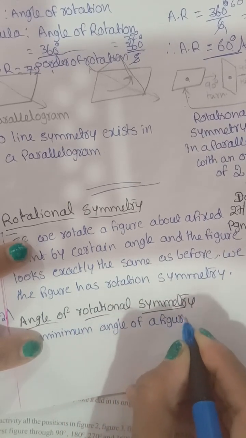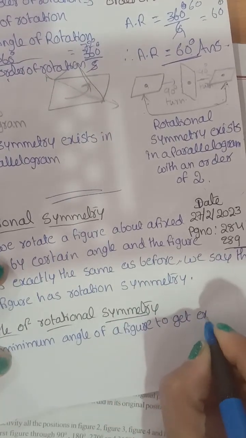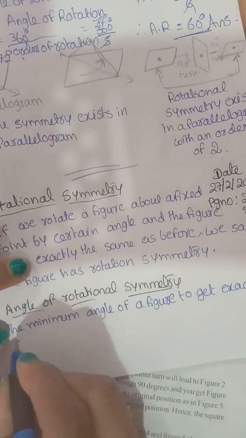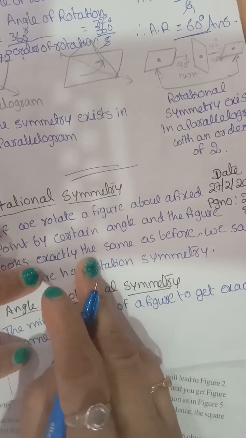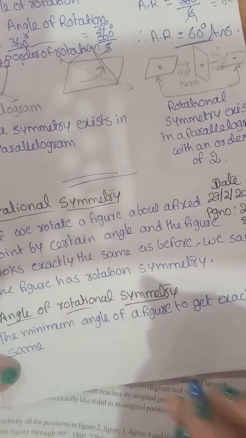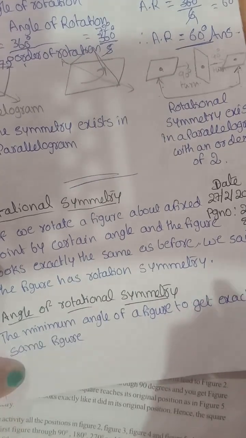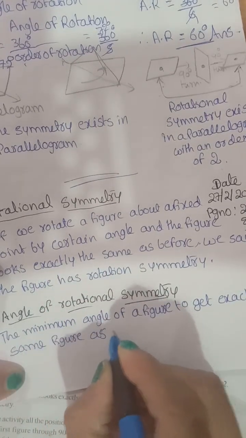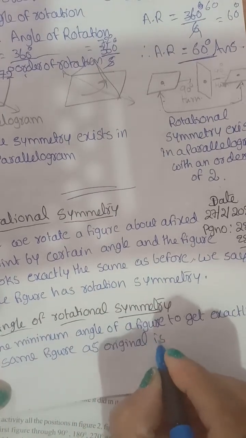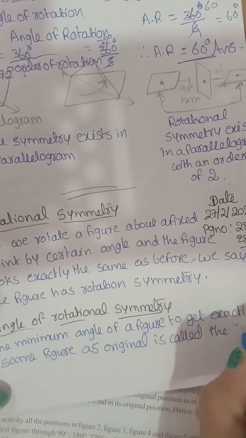The minimum angle of a figure to get exactly the same figure as the original is called the angle of rotation. This topic was already covered in the previous class, so I won't repeat it; today we will learn it from our Telangana state books.